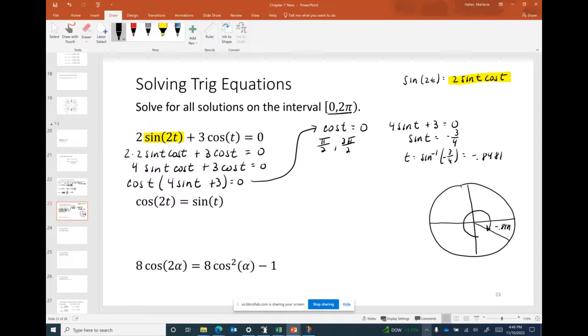The positive version would be here, so it looks like that's going to be 2 pi minus 0.8481. You go all the way around to 2 pi, then come back by that same amount. So the actual value we want to report is the positive version, 2 pi minus 0.8481. Okay, 3 solutions.